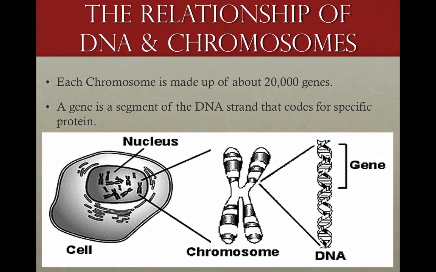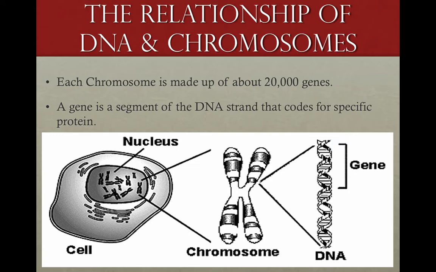So first thing we need to know is the relationships that exist between DNA and chromosomes. Please don't forget that DNA is this long double-stranded helix that is bundled up and coiled up together inside of a chromosome. But whenever we take an individual segment of DNA, it codes for a specific gene.